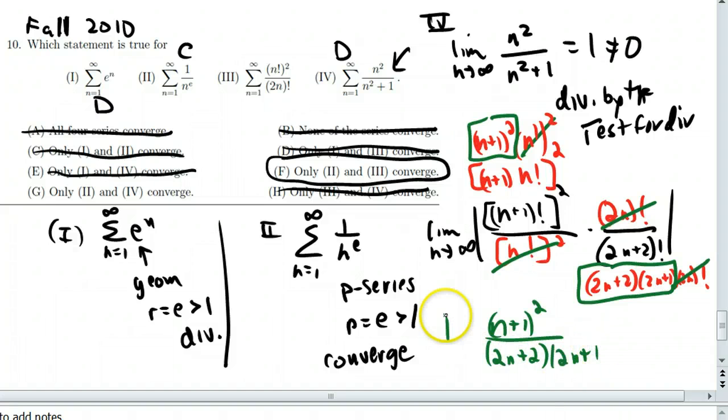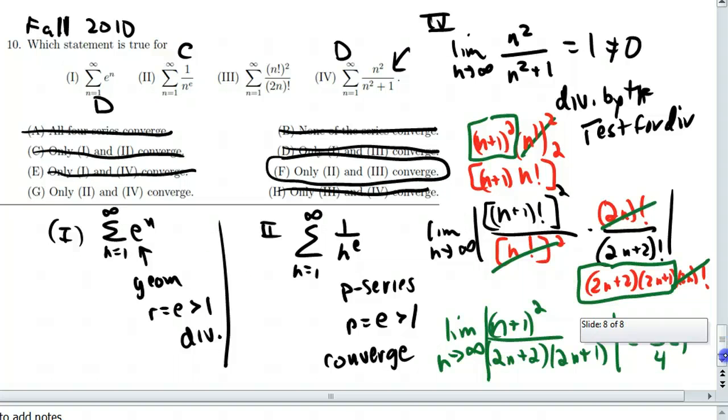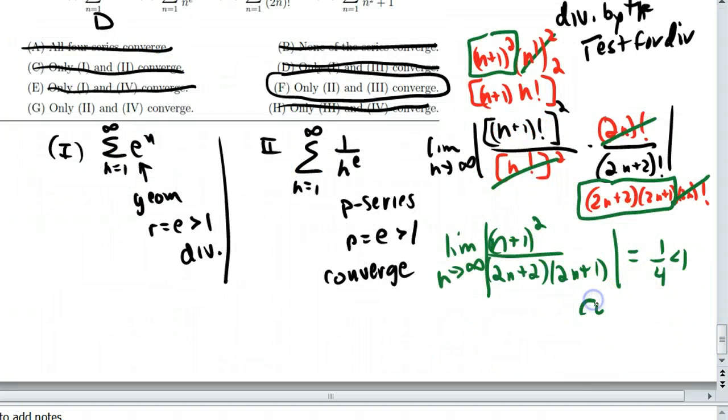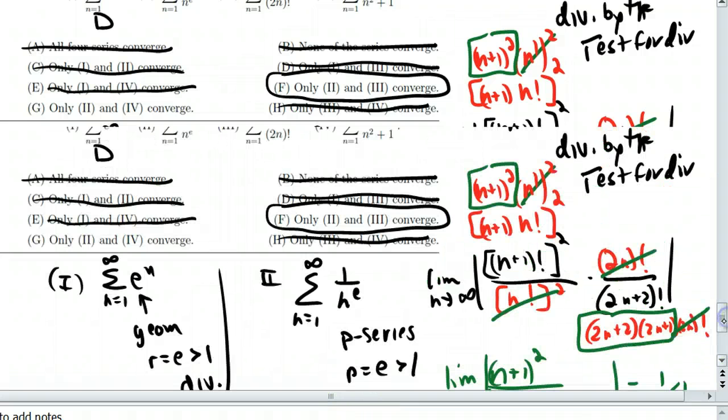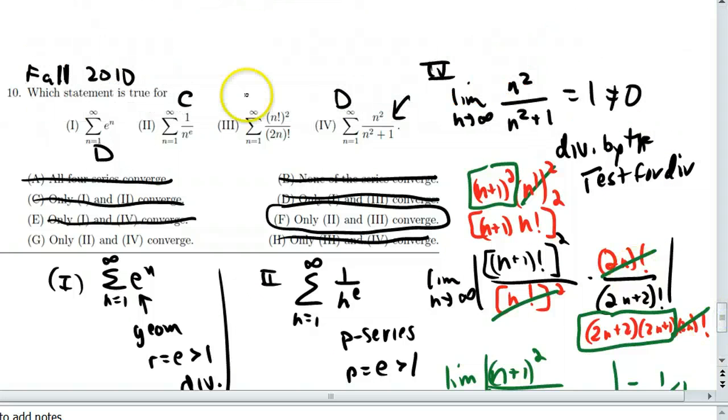Hopefully you can see that limit goes to 1/4, which is less than 1, so it converges by the ratio test. So 2 and 3 converge only.